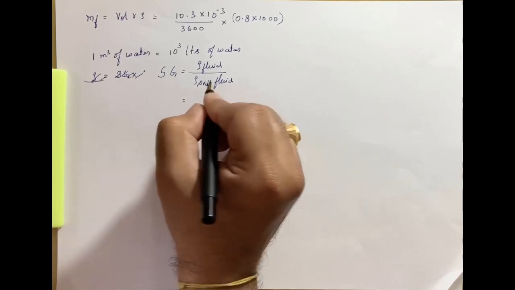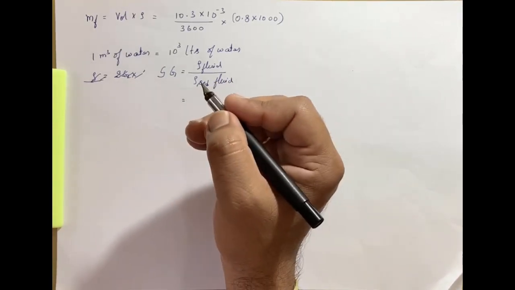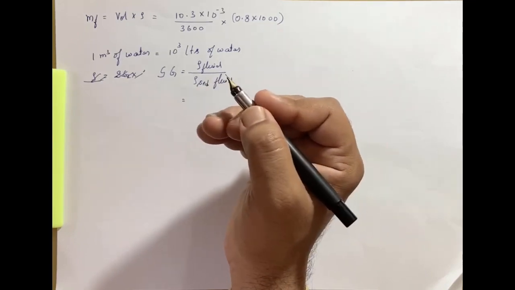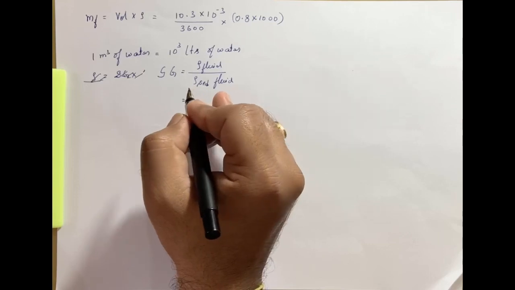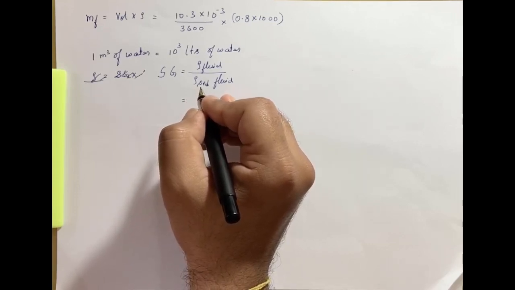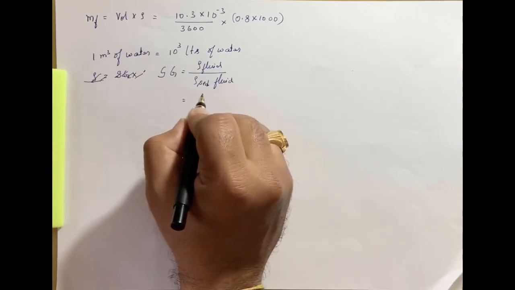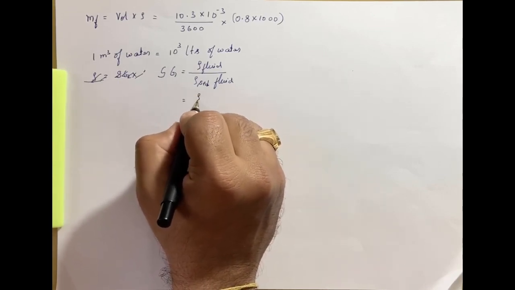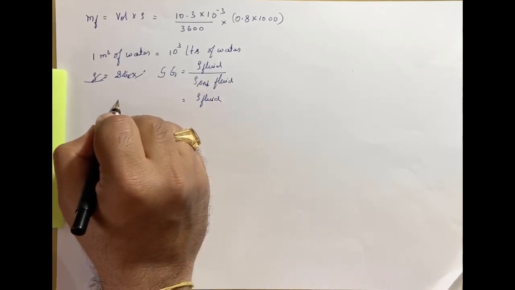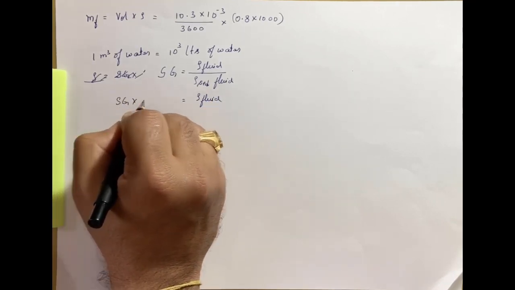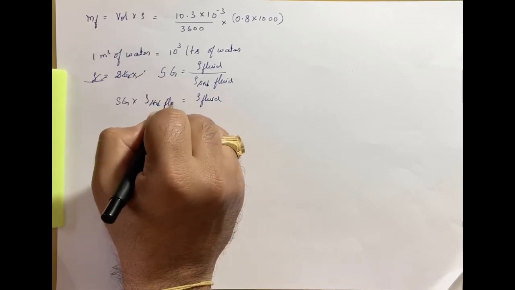For gases like oxygen and all those, the standard fluid is air, but here the liquid is water. So the density of the fluid we need to find is equal to Sg into density of standard fluid.